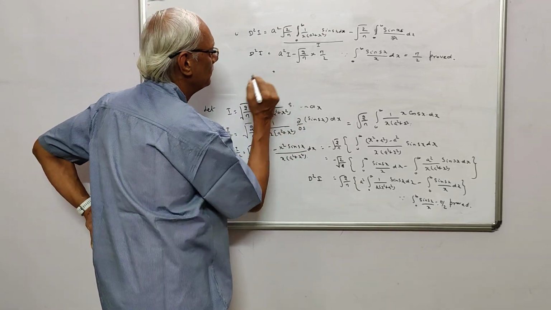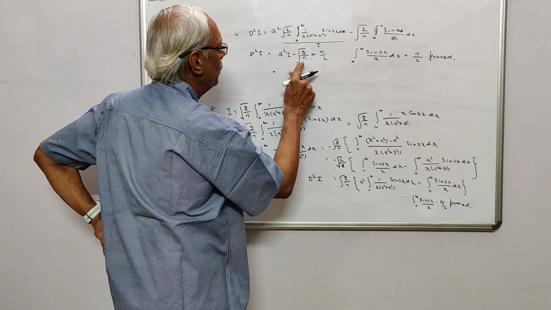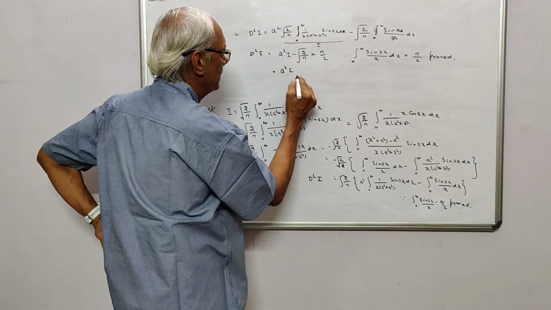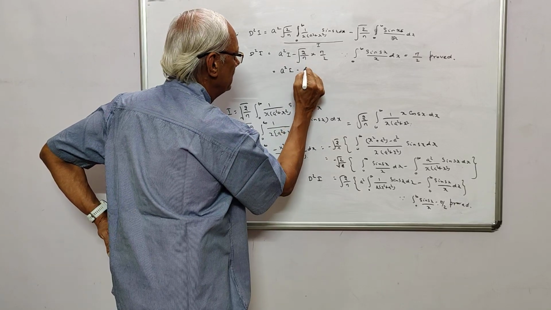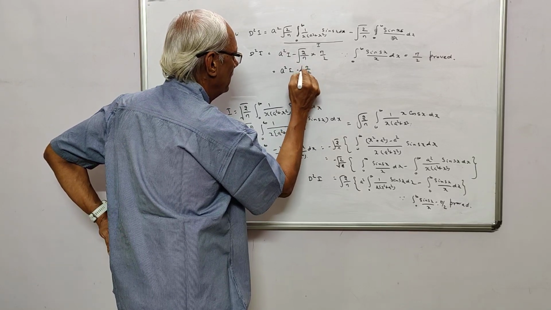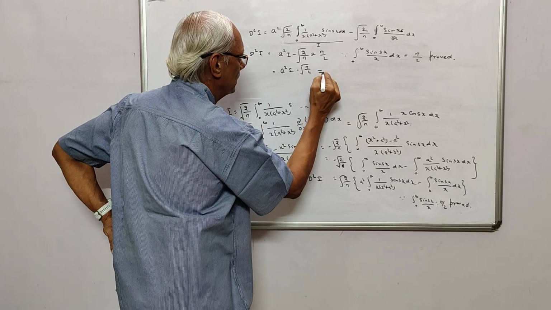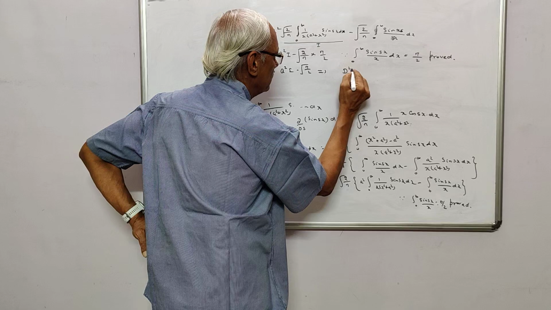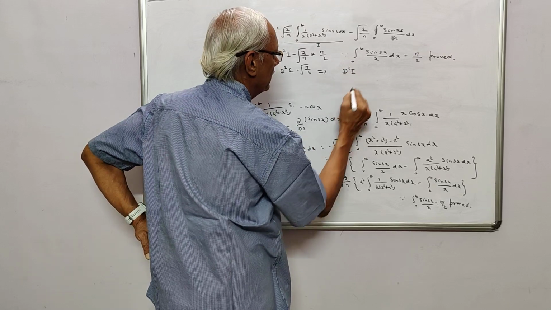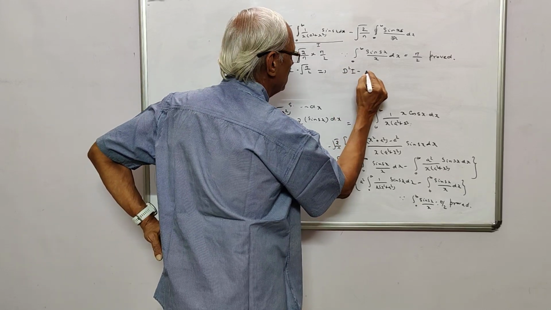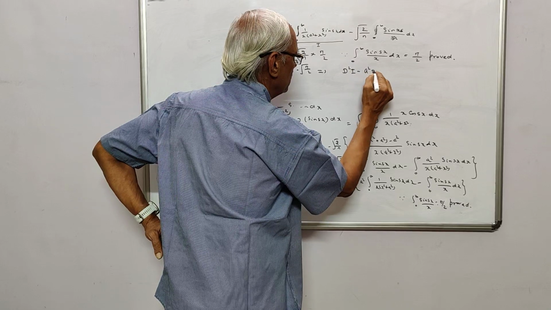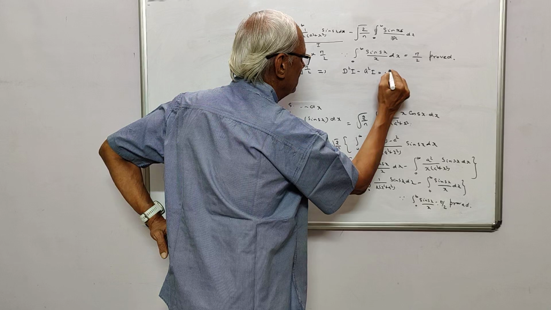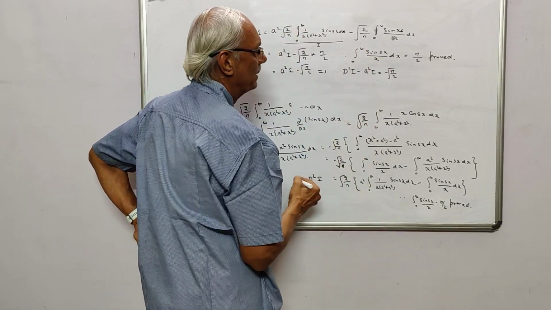So, this one, you know, this is a squared I minus pi by 2. This implies d squared I minus a squared I is equal to minus pi by 2.